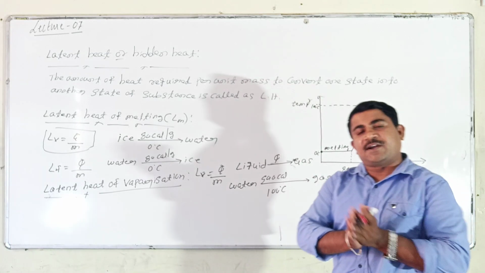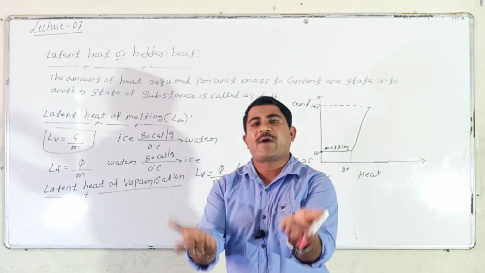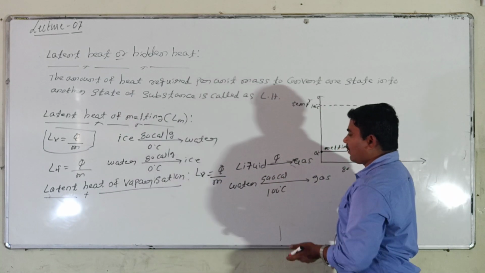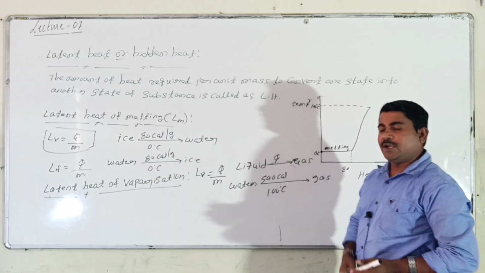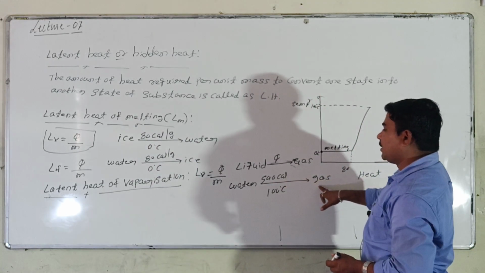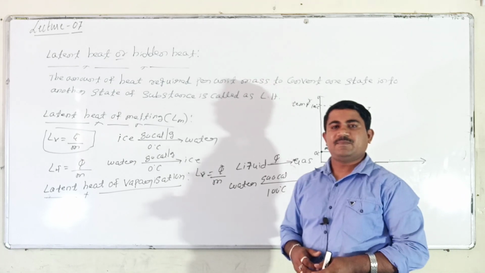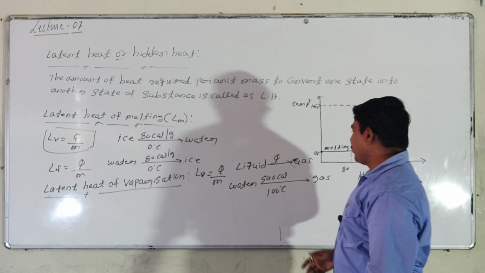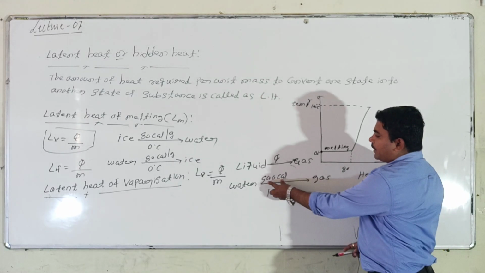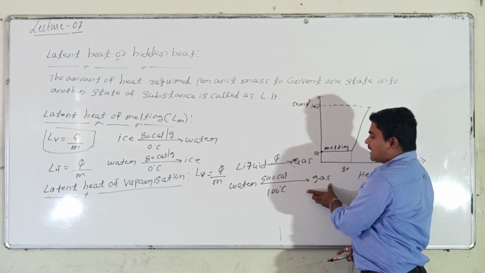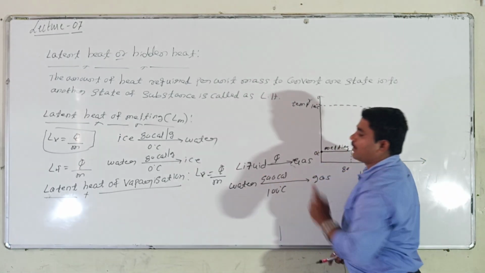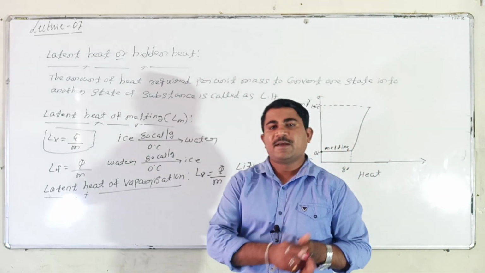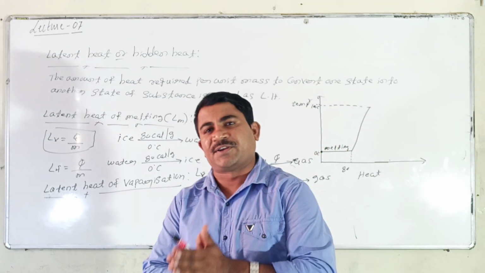When water reaches 100 degrees Celsius, if we provide 40 calorie of heat, then the water is converted into gas. But the reverse process I can do. If 40 calorie of heat is extracted from the gas, again the gas is converted into water. That process we are calling latent heat of condensation.